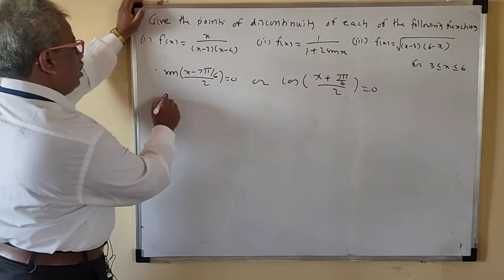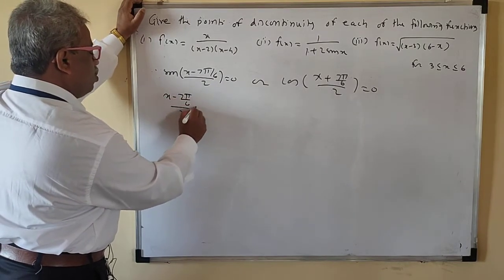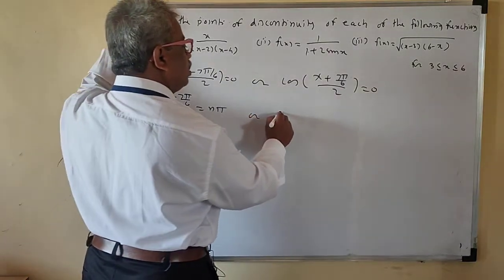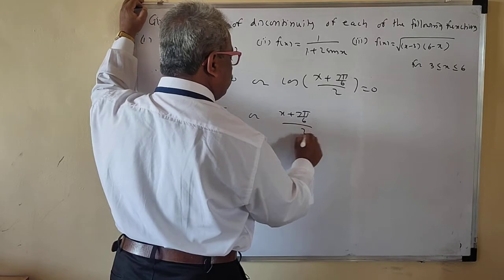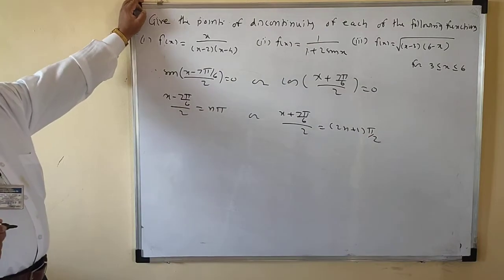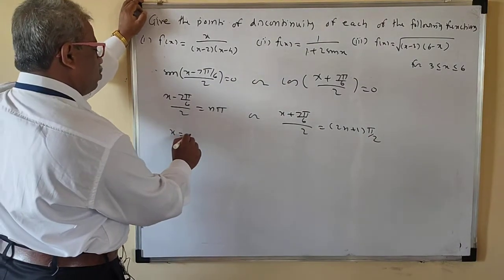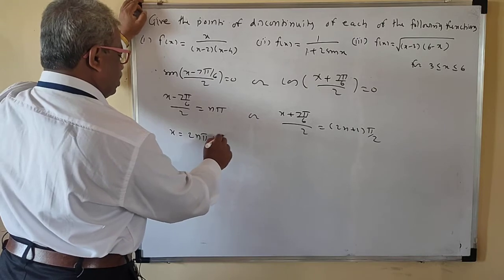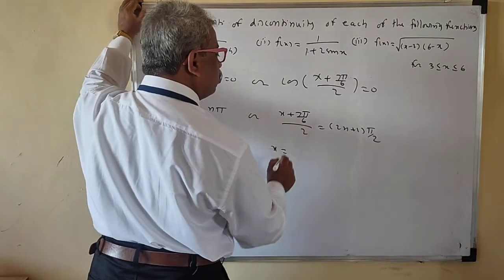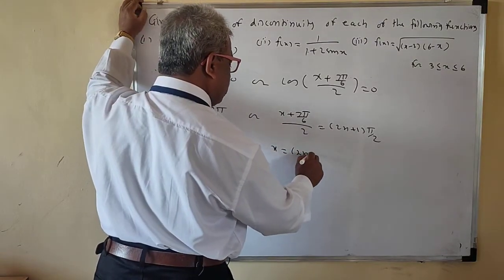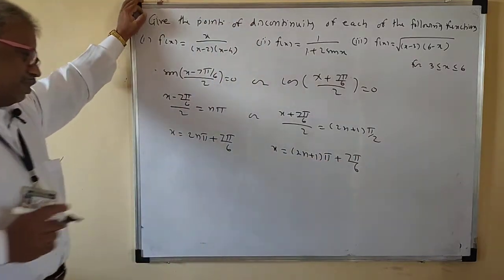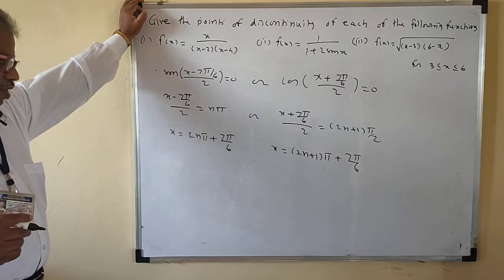So this is (x minus 7 pi by 6) upon 2 is equal to n pi, because sin n pi is 0, or (x plus 7 pi by 6) upon 2 is equal to (2n plus 1) pi by 2. So that means x is equal to 2n pi plus 7 pi by 6, and x is equal to (2n plus 1) pi plus 7 pi by 6.